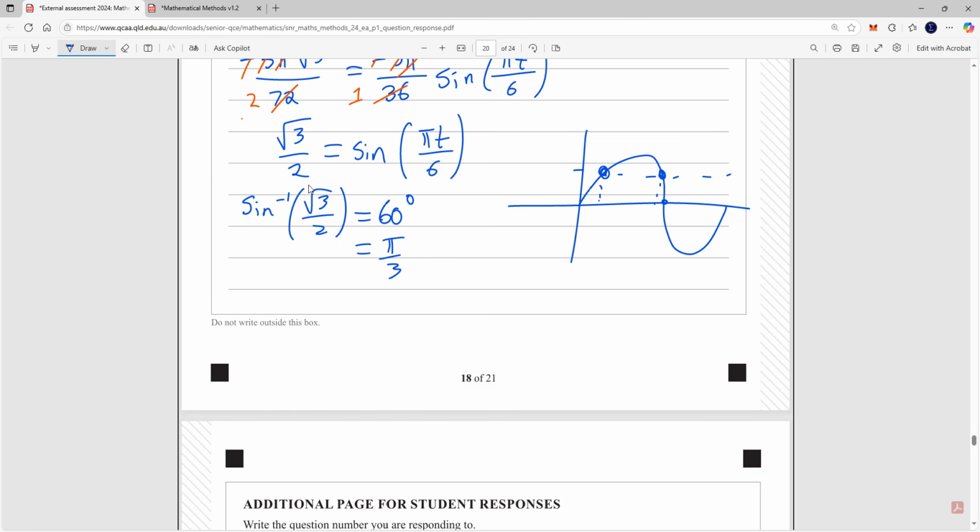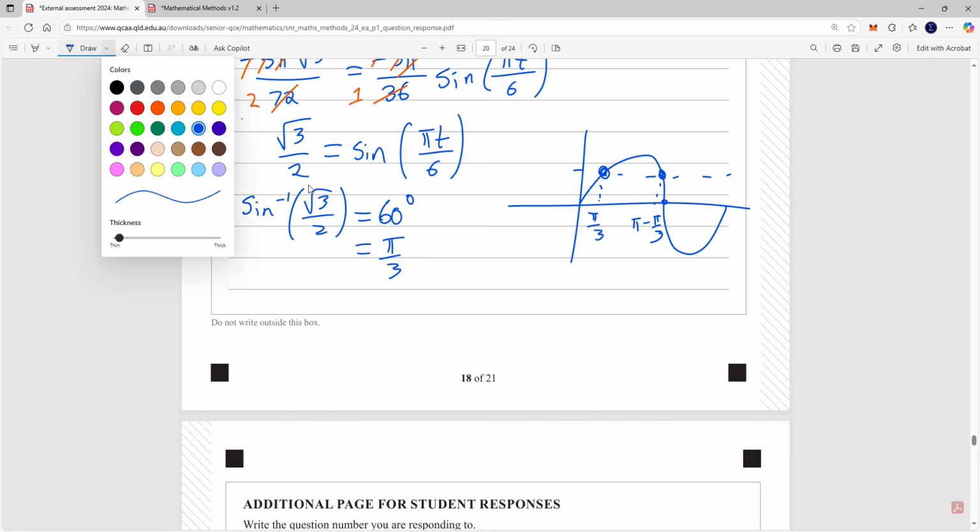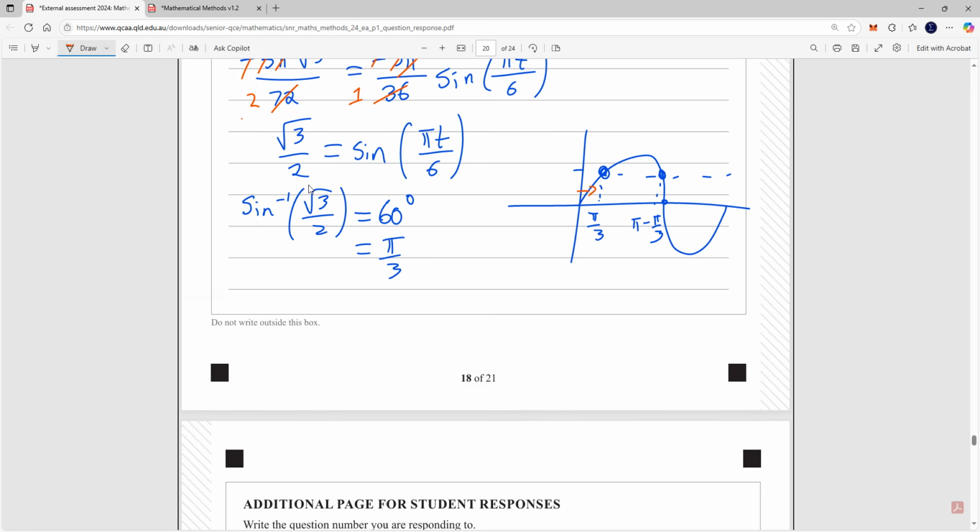So this solution is pi over 3, and this solution is pi minus pi over 3, because just like with the other one, that distance is the same as that distance there. Okay, so that point there is pi minus pi over 3, because that point there is pi, and that's where we're looking here. So we've got pi t over 6 equals pi over 3, and pi minus pi over 3 is 2 pi over 3.